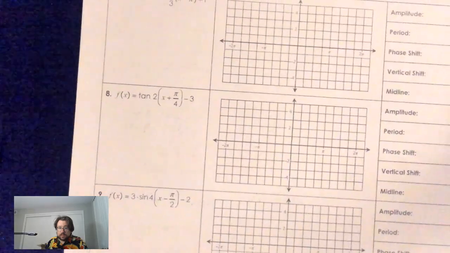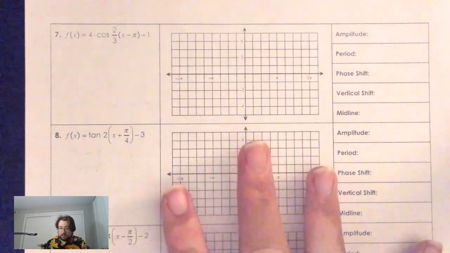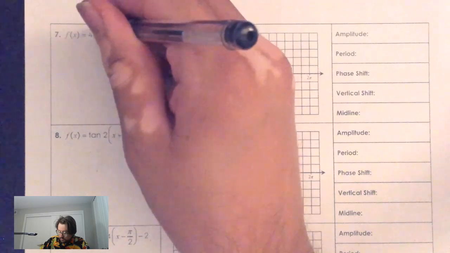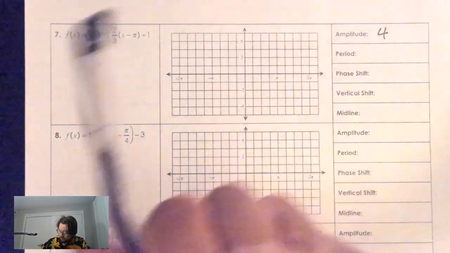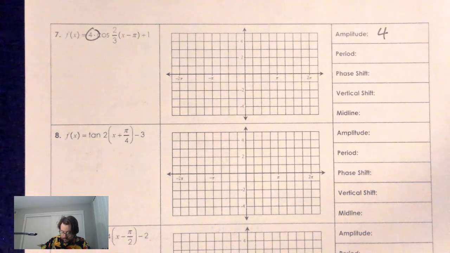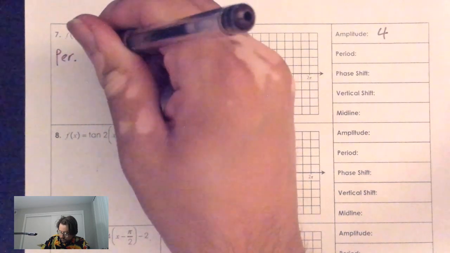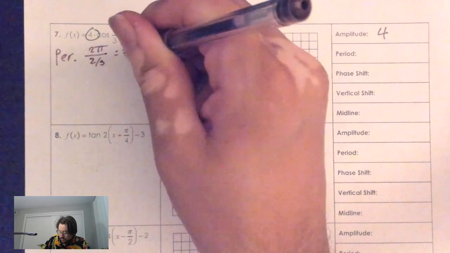Feel free to skip around, look at whichever ones you feel like you'll have the most trouble with, because we're going to get a little bit more complicated here. First things first, the amplitude here is 4. The period is 2 pi over 2/3, which is just 3 pi.